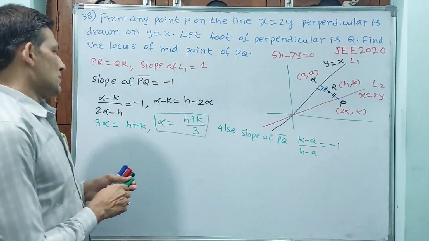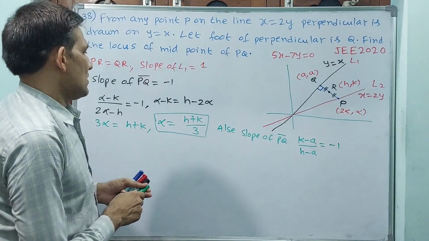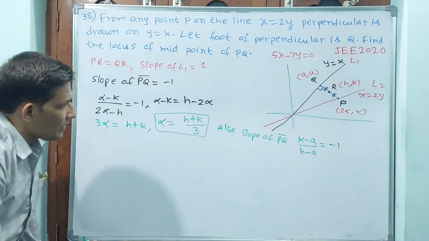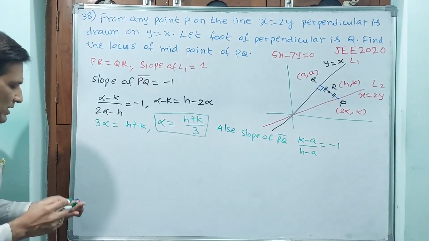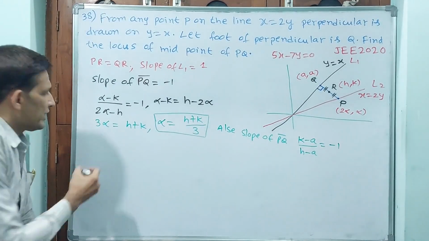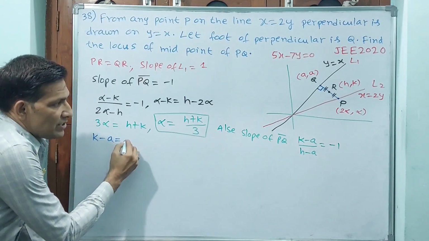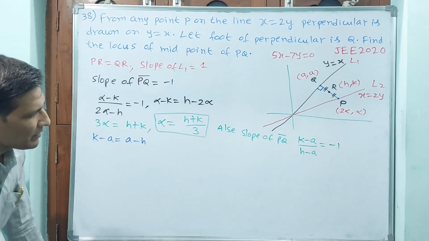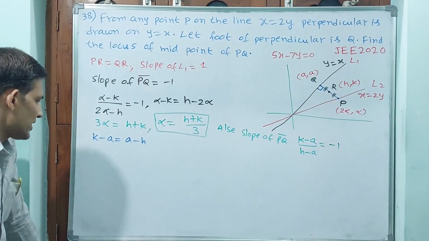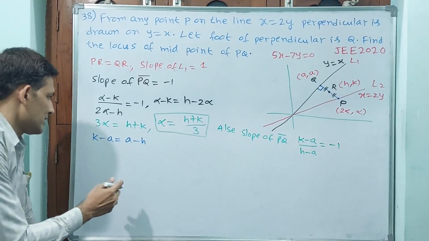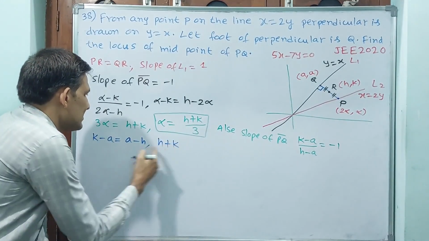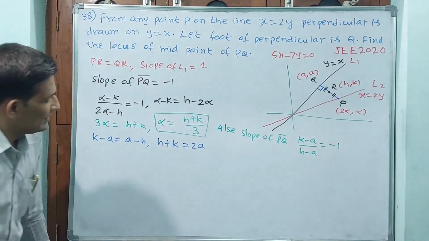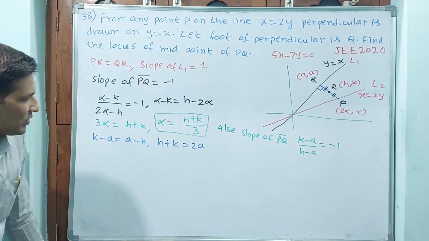So k minus a is equal to a minus h, and h plus k is equal to 2a.